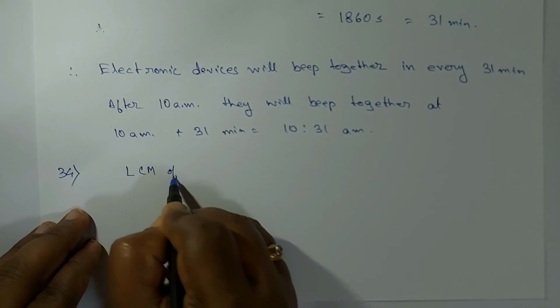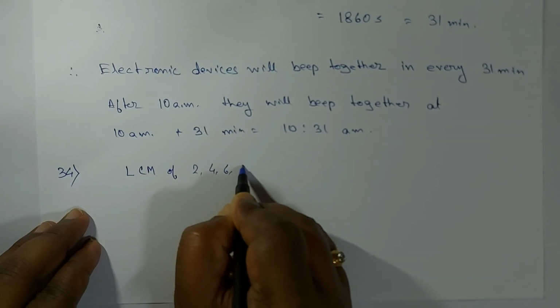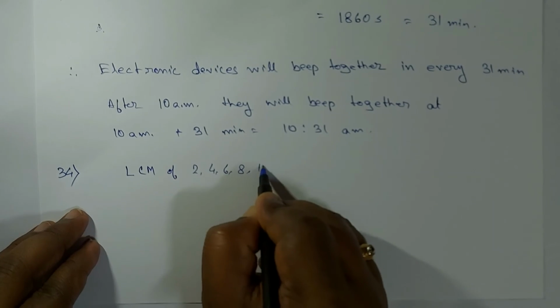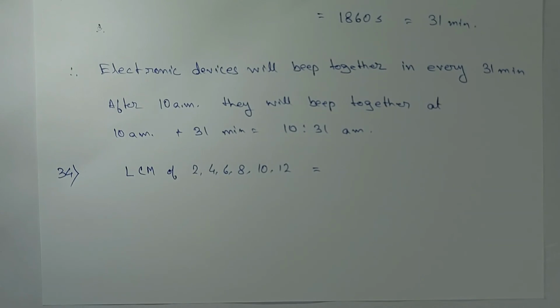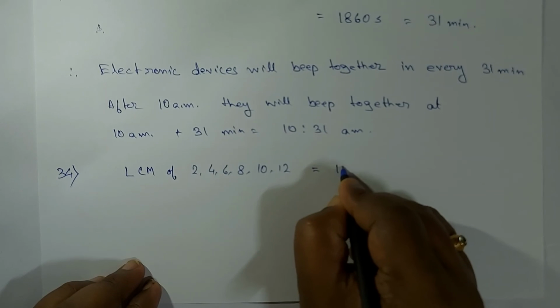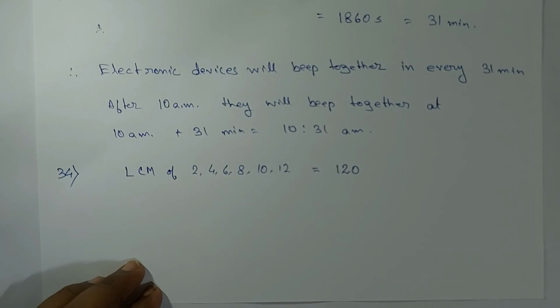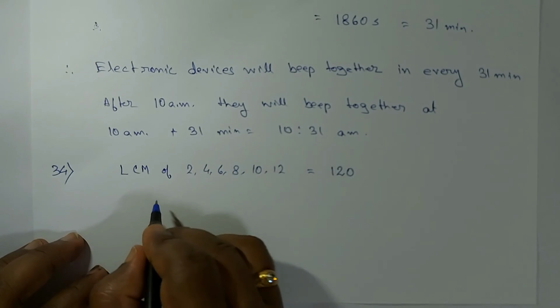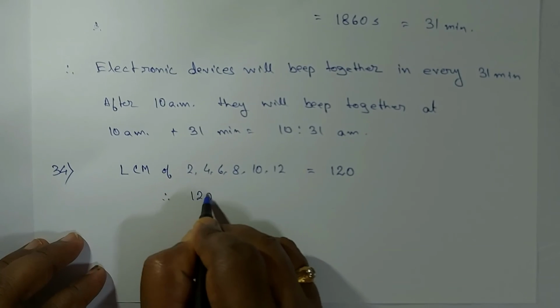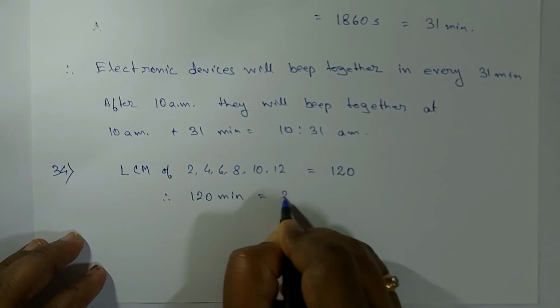So the LCM of 2, 4, 6, 8, 10 and 12 is equal to 120, isn't it? 120. So therefore 120 minutes is equal to 2 hours.